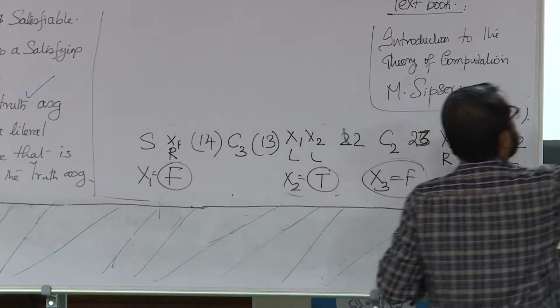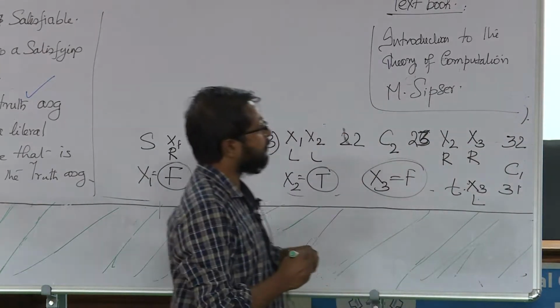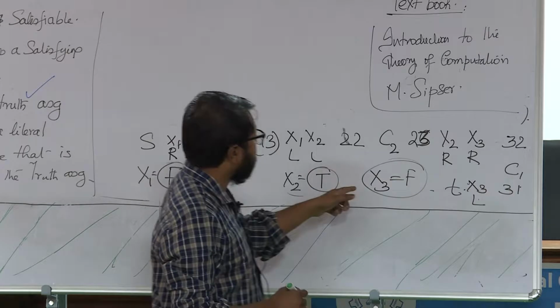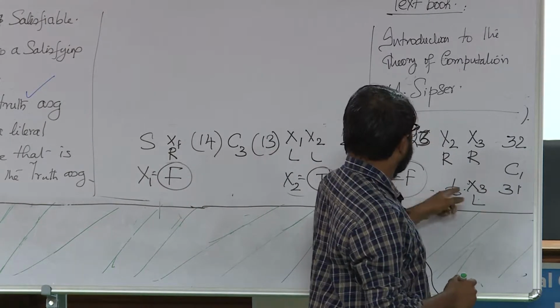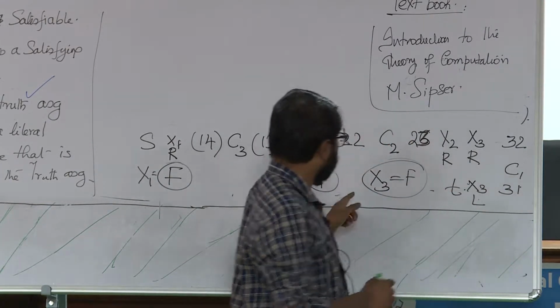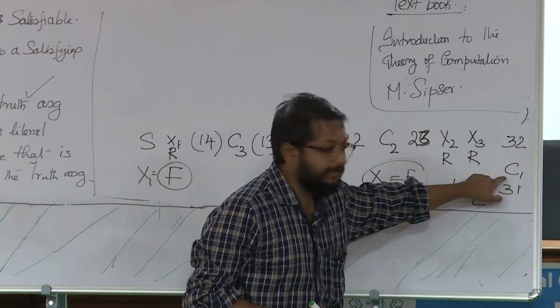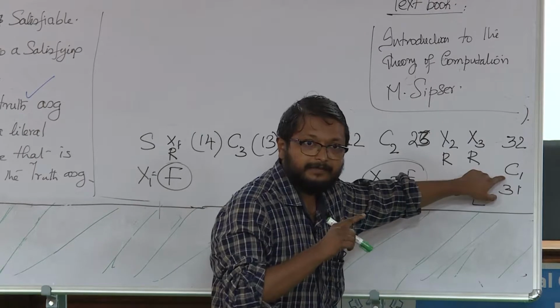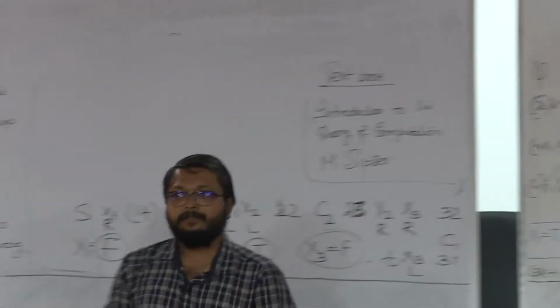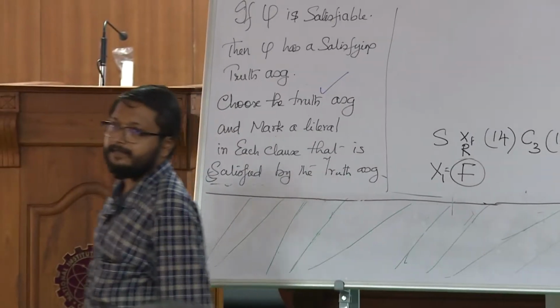That's why you are able to get this. And you visited x3 from C1, from the right side, because not x3 is appearing in C1. So you got a satisfying truth assignment from the path.